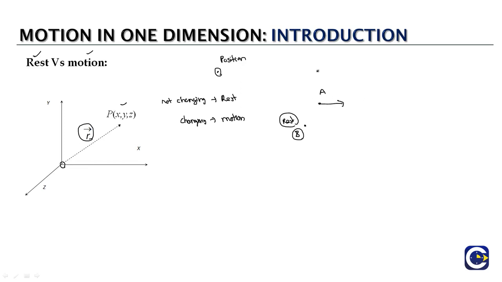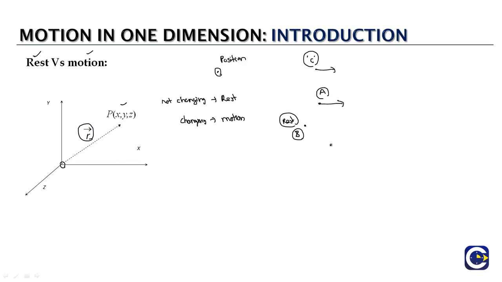And we have another object C which is moving along with A in the same manner. Then whatever time C is observing, A appears to be at the same position or same place.